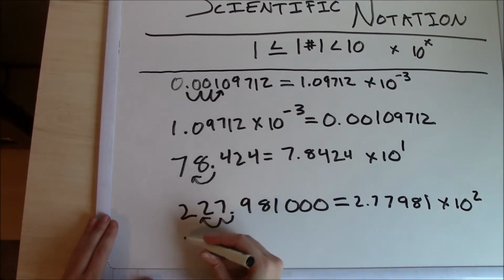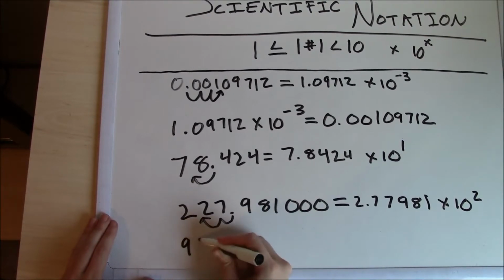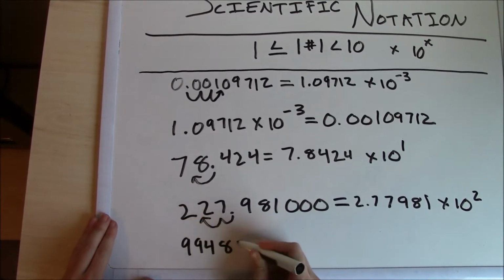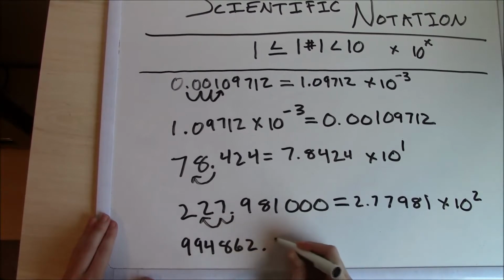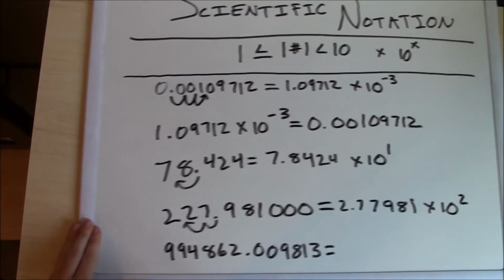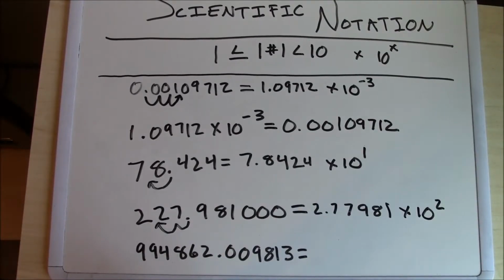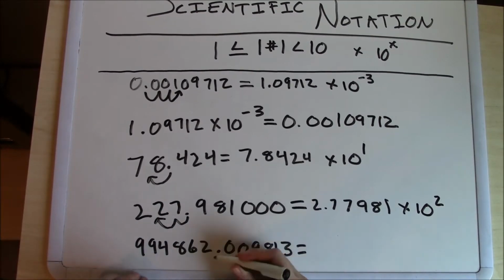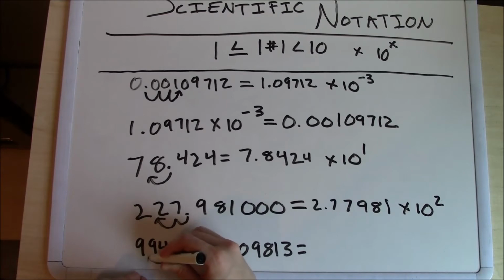Alright, let's try this one. 994862.009813. Alright, that's a pretty big number. We see we've got zeros in the middle, and since this is a big number, our decimal is going to go back 1, 2, 3, 4, 5.